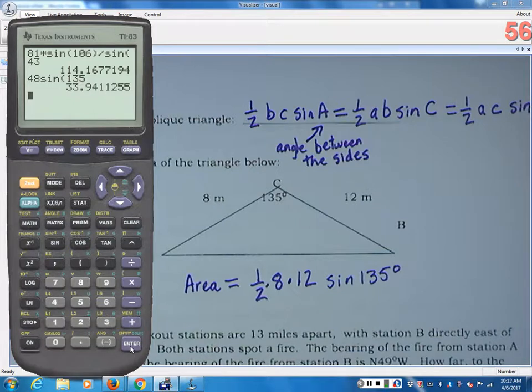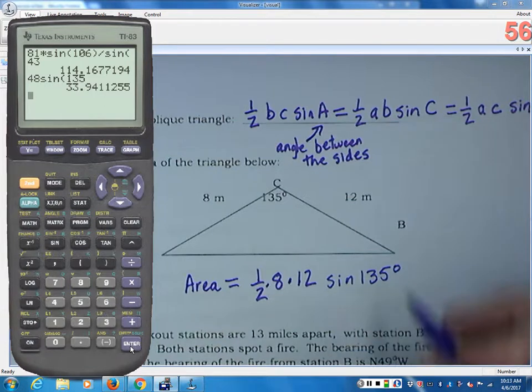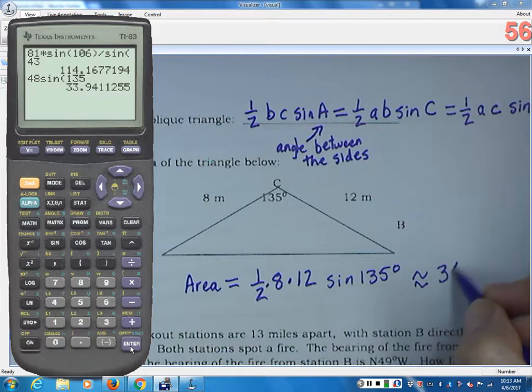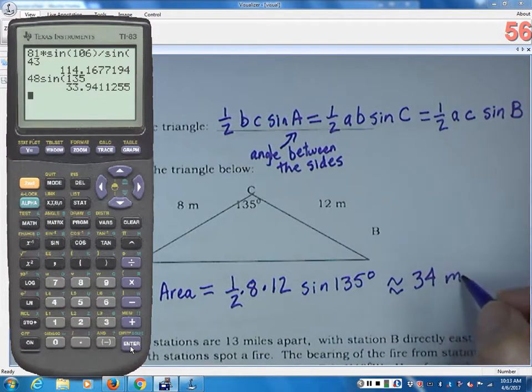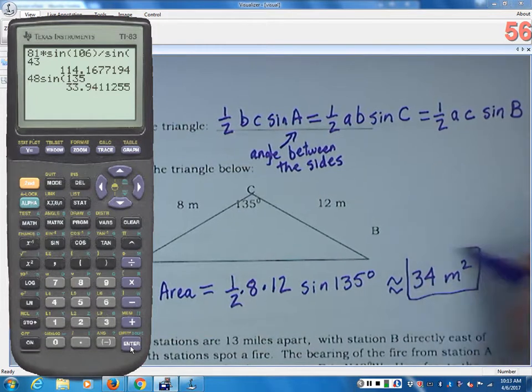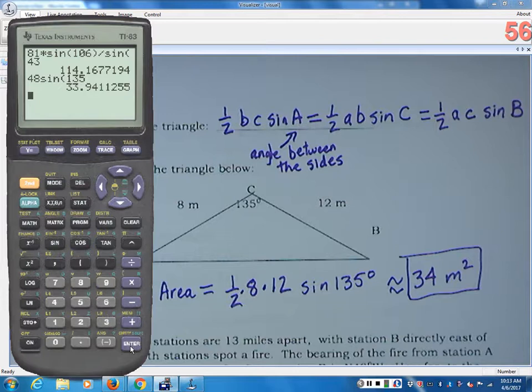It came out to almost exact, 33.9 meters squared. It didn't tell me what to round to. I'll try to remember to tell you what to round to, but it's about 34 meters squared.